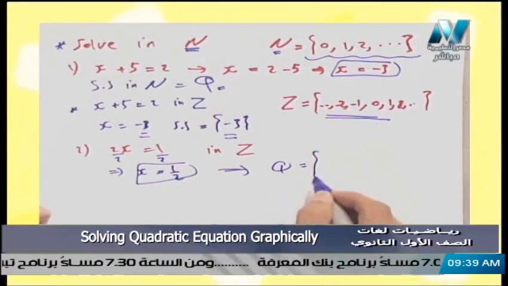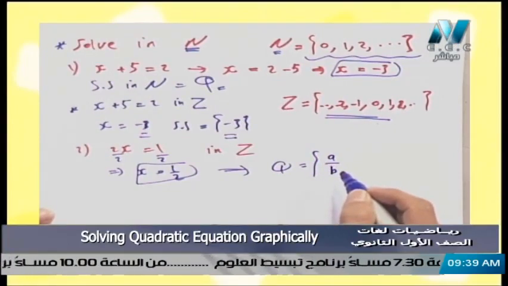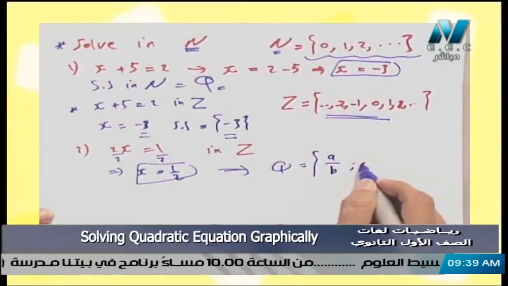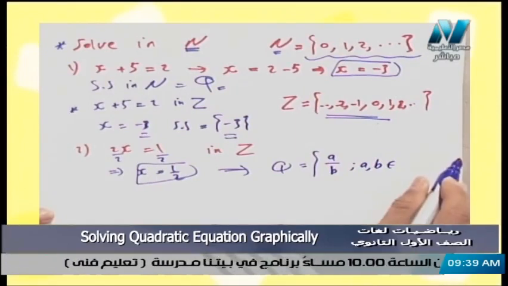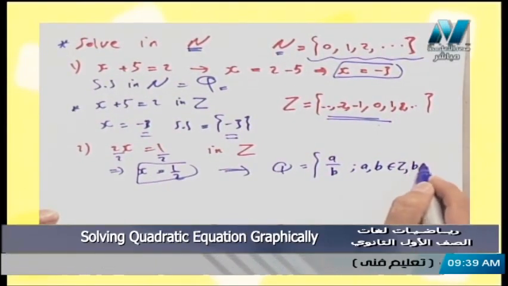Q is a set, meaning any number that can be put in this form a over b, and a and b belong to Z, and b of course doesn't equal 0.